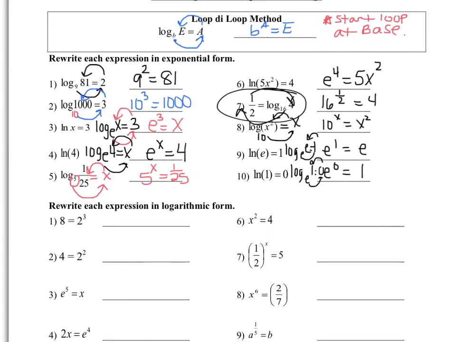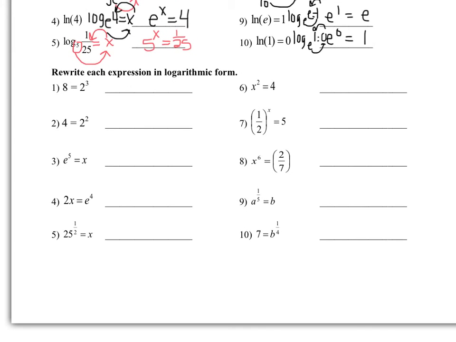Now I think it's time we move to rewriting each exponential into log form. So remember we said the base of the exponent is the base of the exponential. So if this is a base of 2, I'm going to start with log base 2.